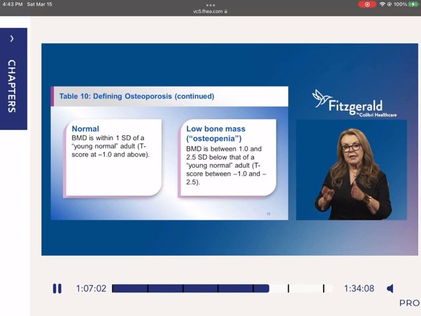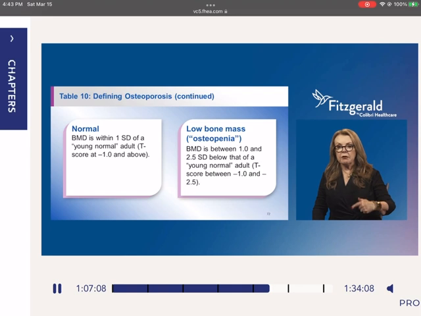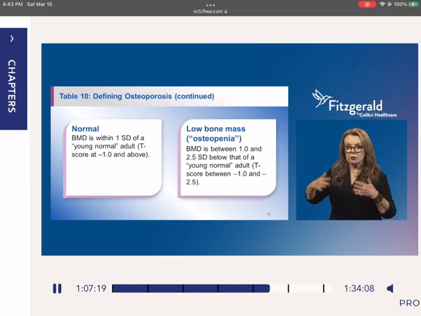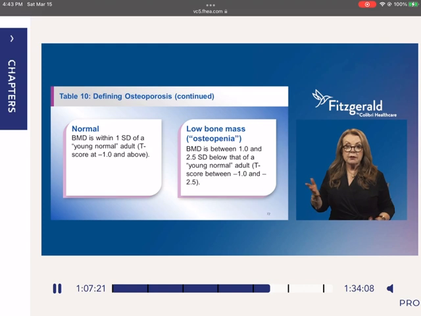We have to keep in mind that they're comparing the person to the BMD of actually a 28-year-old woman. Therefore, you would expect an 85-year-old to have a lower BMD than a 28-year-old would. But this is how normal is defined.